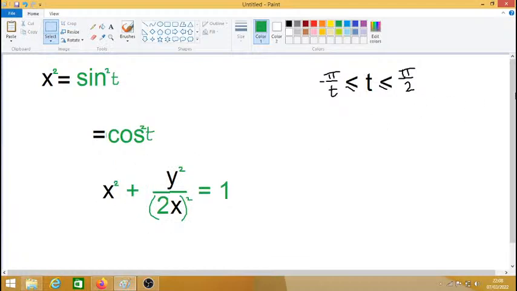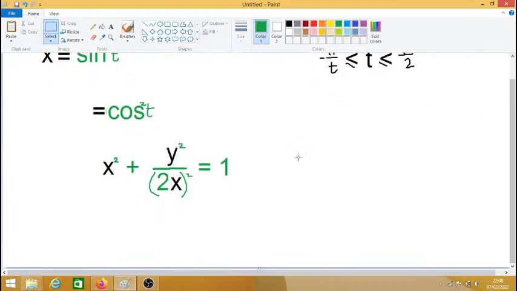Now let's try and make it look a little bit nicer. We don't really want fractions if we can avoid it. So let's multiply everything by 2x squared. So 1 times 2x squared is just 2x squared. And then 2x squared times x squared, that's going to be 4x cubed.